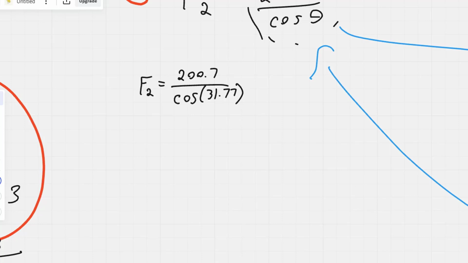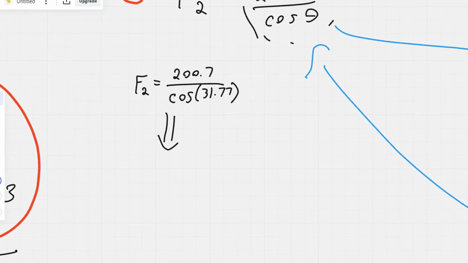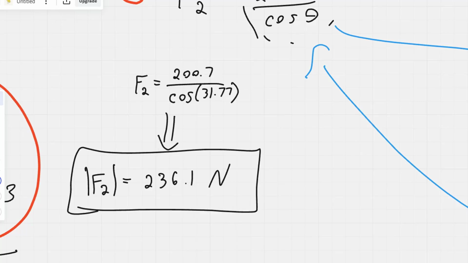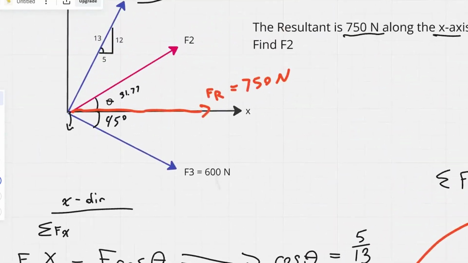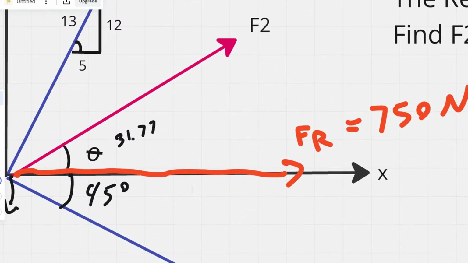And when you put that into your calculator, F2, our magnitude of it, is equal to 236.1 newtons. That is our second answer. So when we go back to our original over here, we can say that this is 236.1 newtons. So we have found F2.